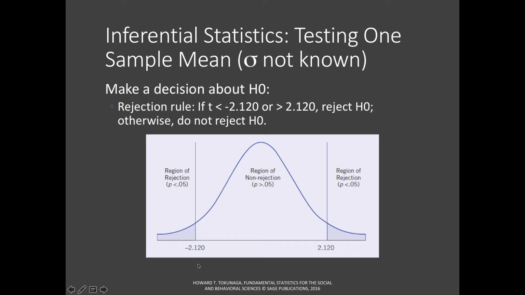Then we put that into the t formula: the sample mean of 84 minus the population mean, 75, divided by that value we just found, 1.94. And that gives us a t value of 4.63. So now, are we going to accept or reject the null hypothesis?